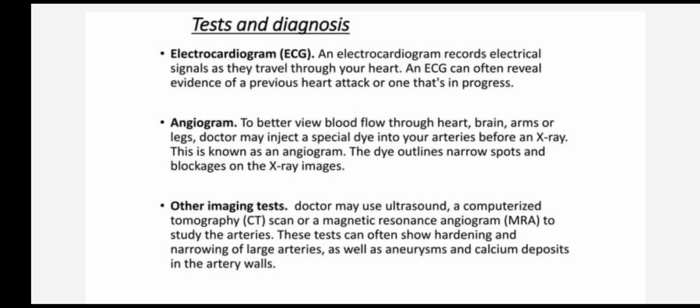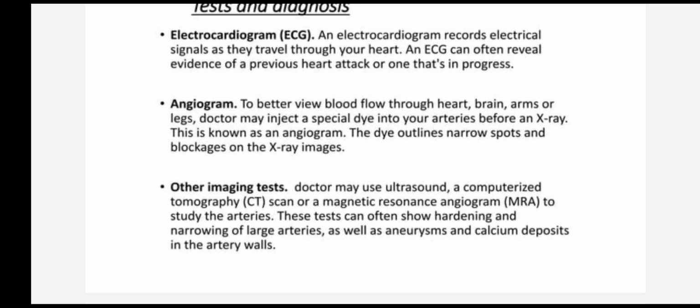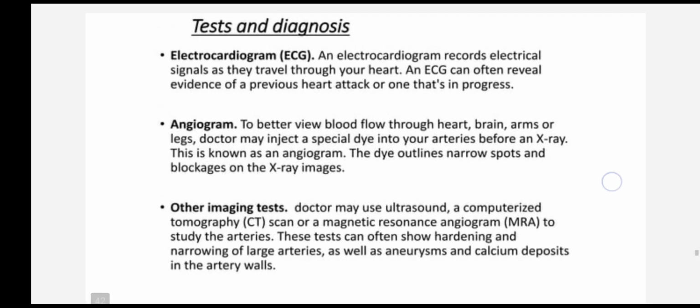Angiogram, to better view blood flow through the heart, brain, arms or legs. A doctor may inject a special dye into your arteries before an X-ray. This is known as an angiogram. The dye outlines narrow spots and blockages on the X-ray image.